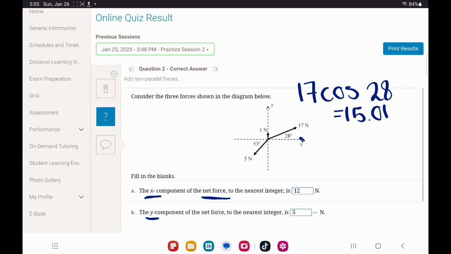What I like to do is not round anything in the middle, because rounding in the middle always gets you some sort of decimal wrong. So I don't round, and I keep it. So I do answer plus, now we're going to find this angle here.